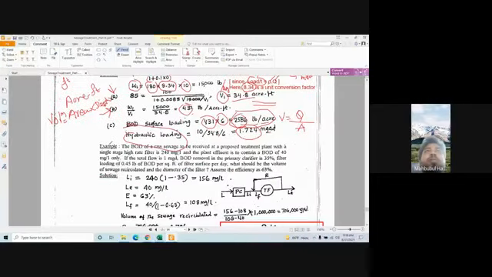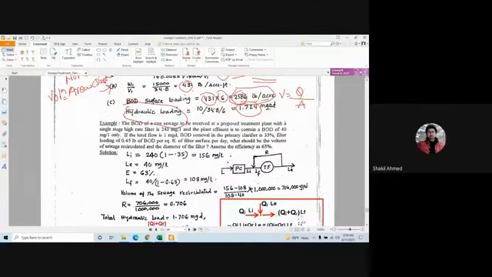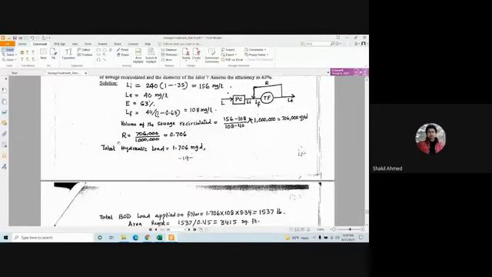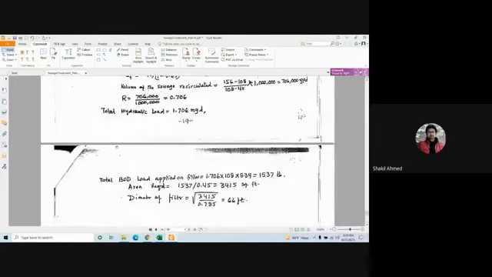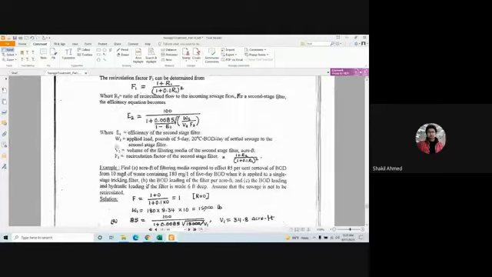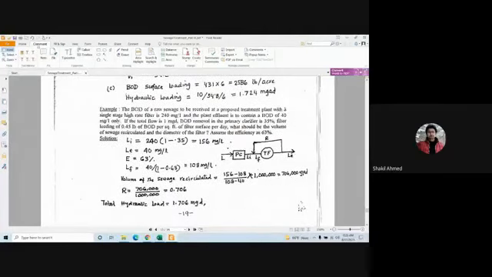Okay. The next problem. The BOD of a raw sewage to be received at a proposed treatment plant with a single stage high rate filter, so you have a single stage, only one filter, is 240 milligram per liter.